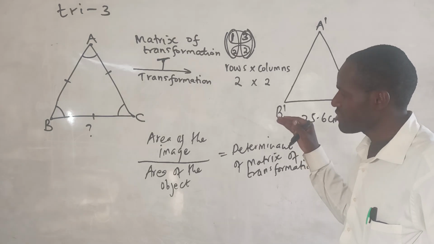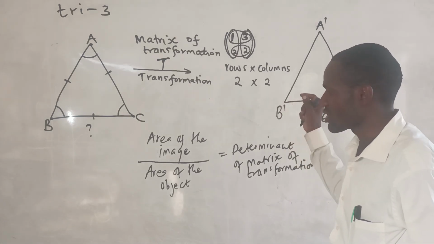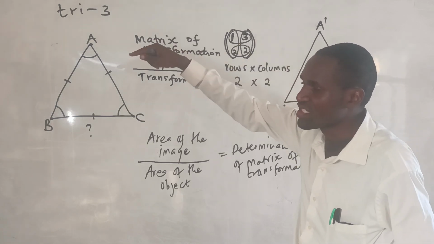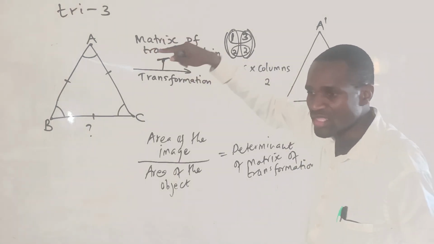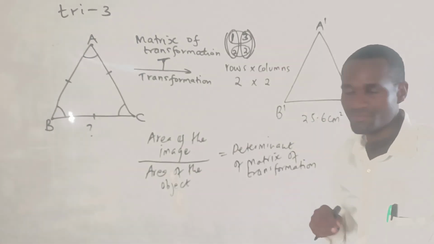So the area of the image, which you have formed after that transformation, over the area of the object initially given, should be equal to the determinant of the matrix of transformation.